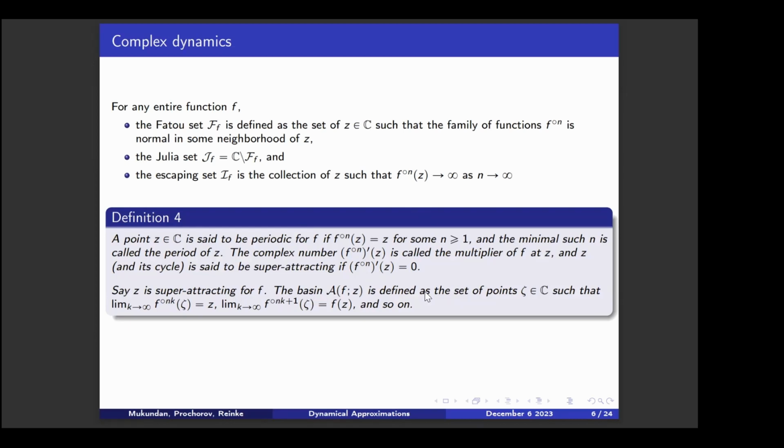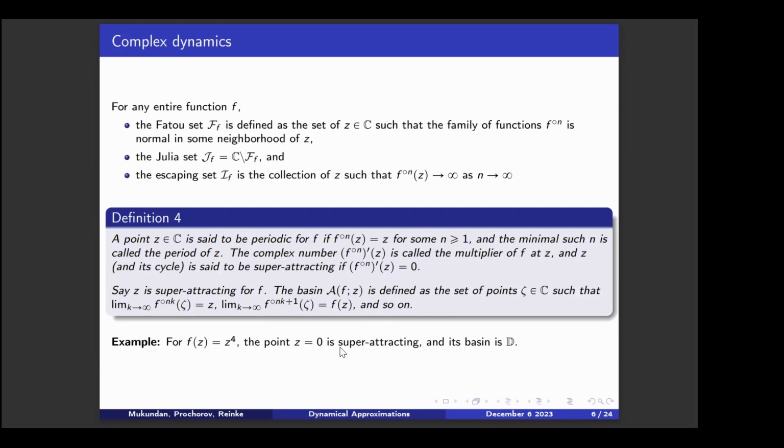The basin of z is defined as the set of points that are attracted to the cycle containing z under iteration. Okay, I'm not going to go too much into this definition, but I'm just going to give you an example. So if you have f(z) equals z^4, you see, for example, that z equal to 0 is fixed. And if you calculate this derivative, which is called the multiplier at z, then it is 0.